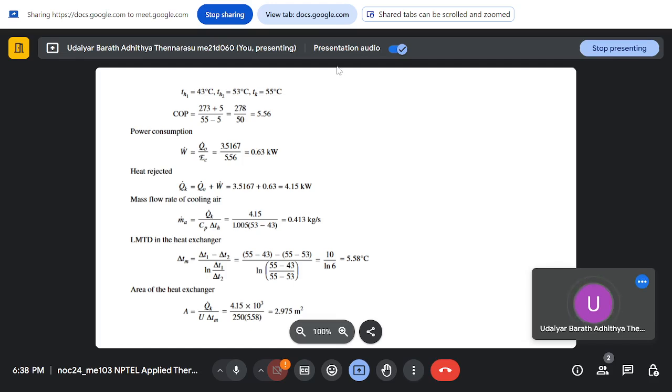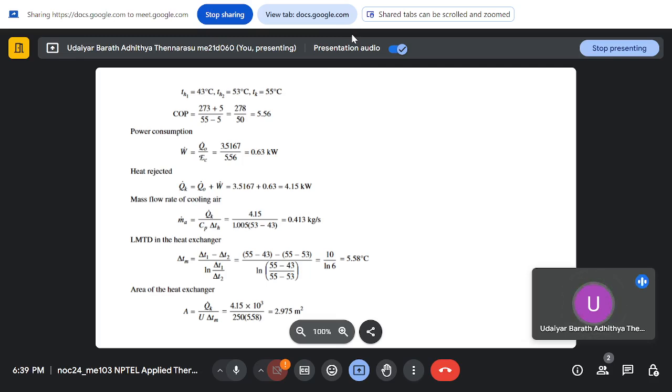For this, we need to know how much heat is getting rejected in the condenser. We know the inlet and outlet temperature of the air which is coming in. To estimate the mass flow rate and area, we also need the amount of heat getting rejected.